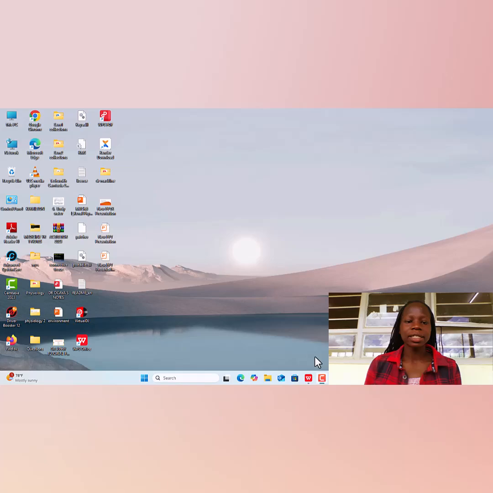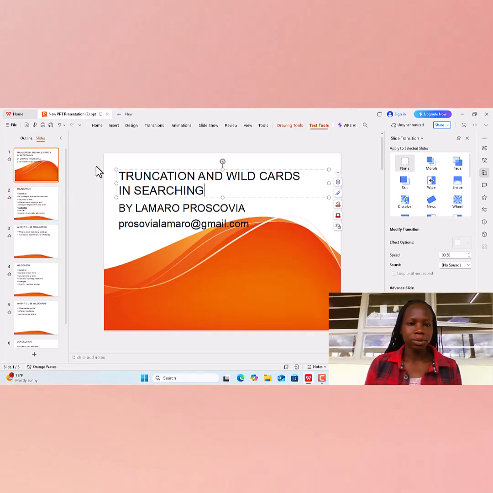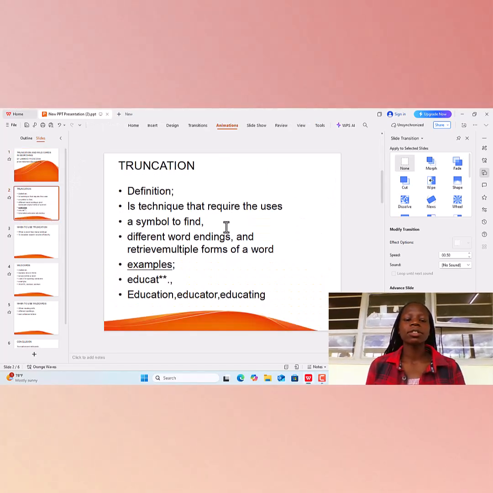Truncations and wildcards. So let us get started. The topic we shall be talking about today is truncation and wildcards in searching. The first thing we'll look at is the definition of truncation.